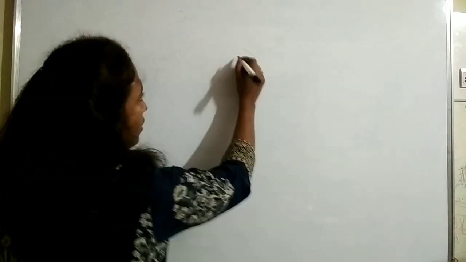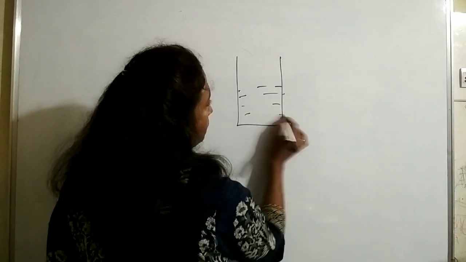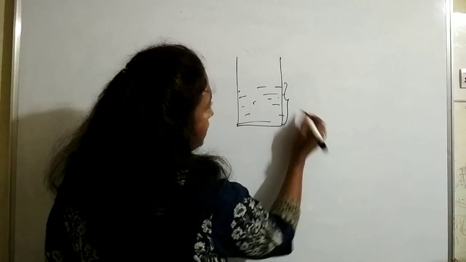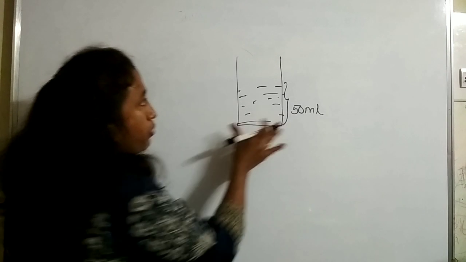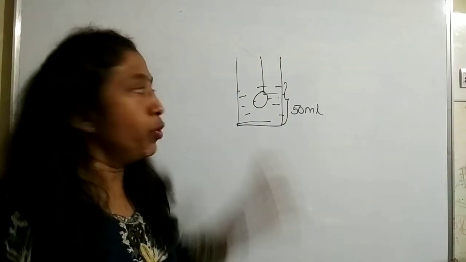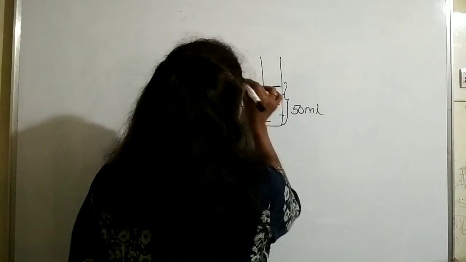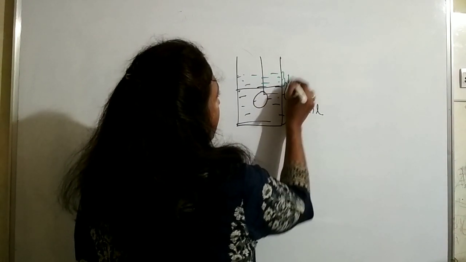Suppose you take a cylinder and fill it with water, say calibrated to 50 ml. Now you put the sphere inside, suspended by a thread. Now the water will rise. Suppose this rise is 10 ml.